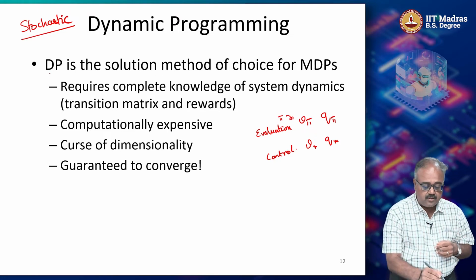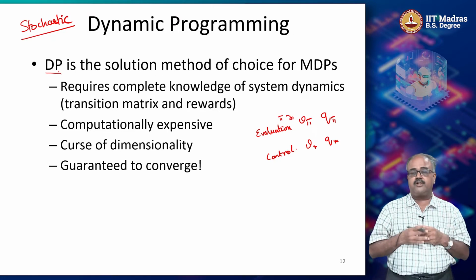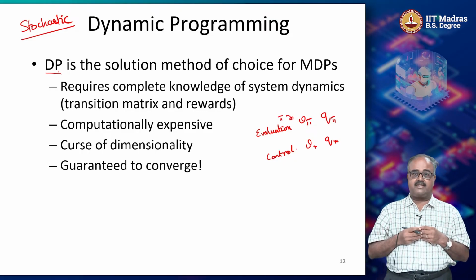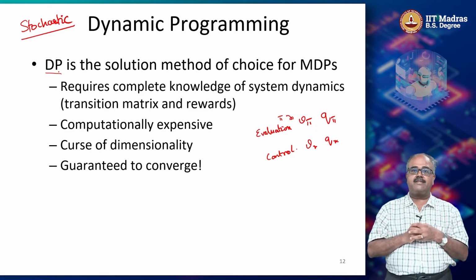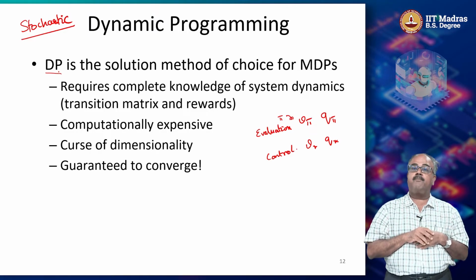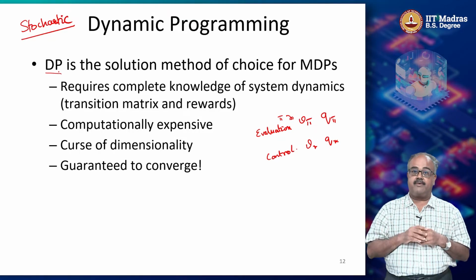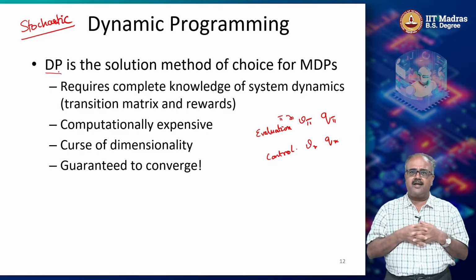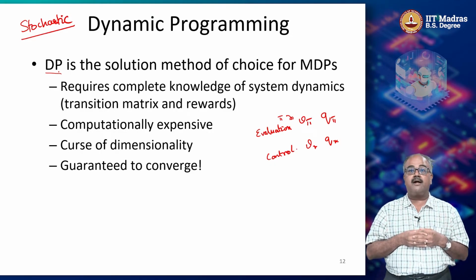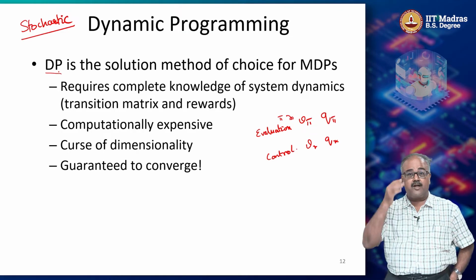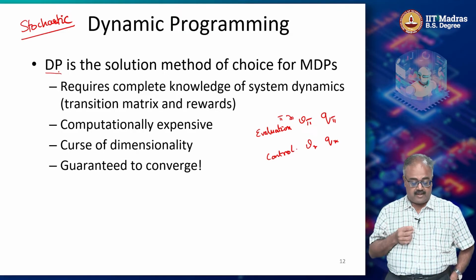There, dynamic programming is the solution method of choice for MDPs, so this is what people use extensively. More recently, reinforcement learning in turn has started influencing how people use dynamic programming for solving MDPs, and I'll make allusions to it as we look at these topics in later classes. We are not going to get into too much detail on that.